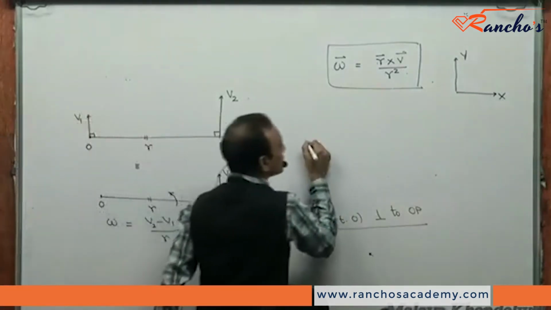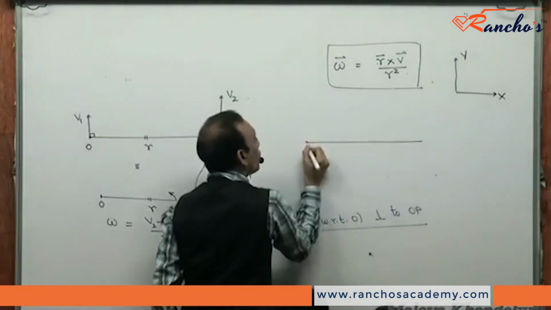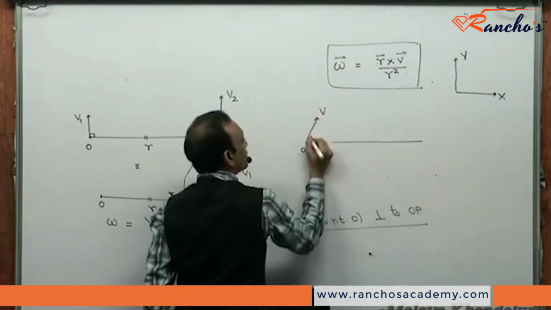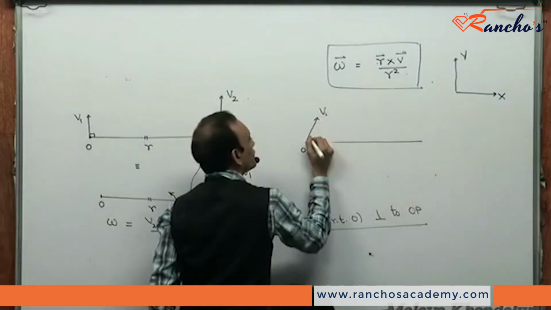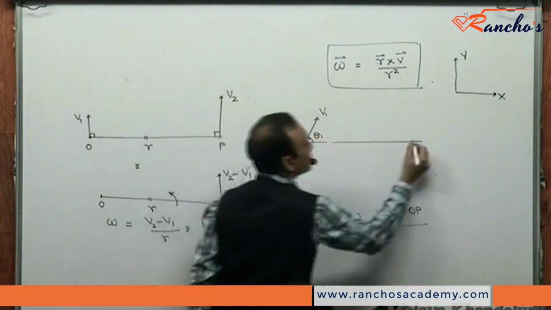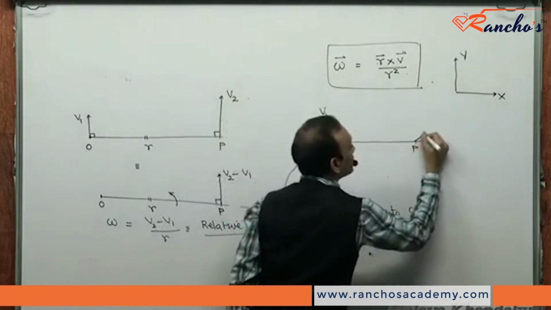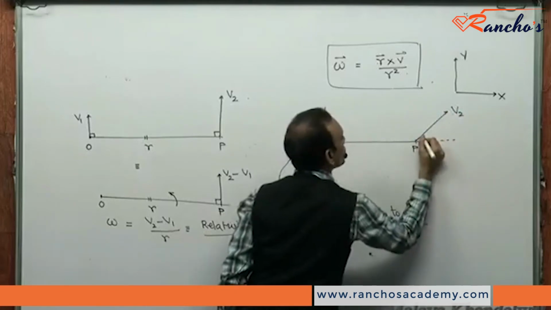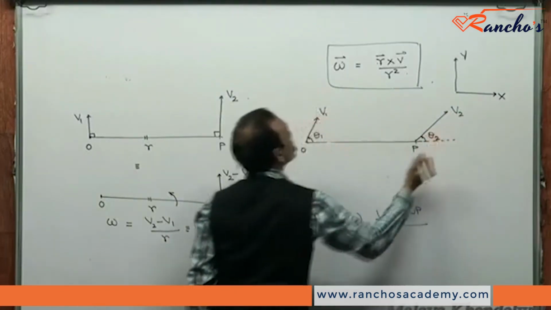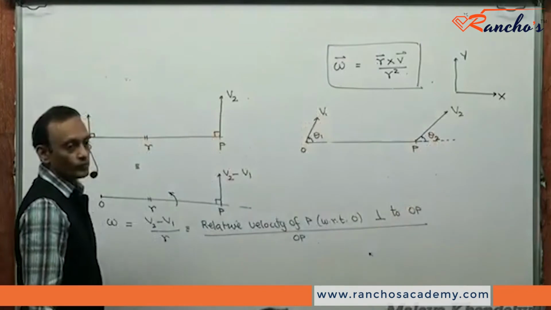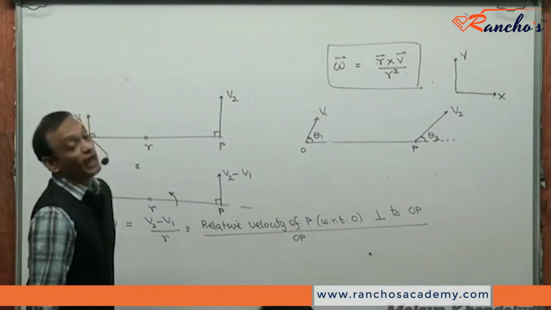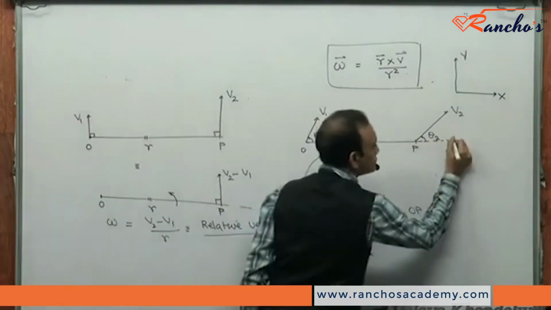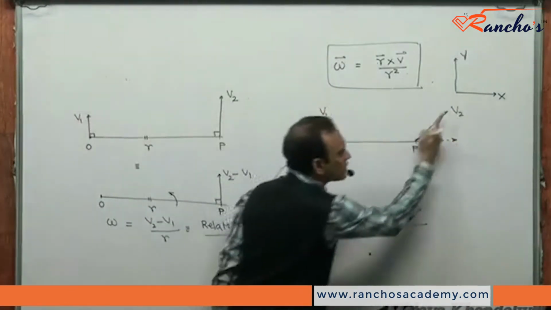I could have had a situation like this. O was like this. It had a velocity v1 making an angle theta 1 with the line joining O to P, and P had a velocity v2. This is theta 2. I now want to compute the angular velocity of P as seen by O, right? So first of all, let me resolve their velocities.